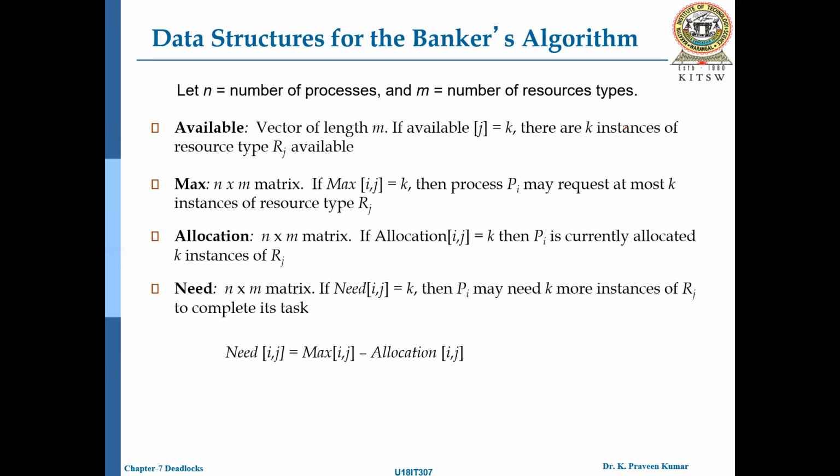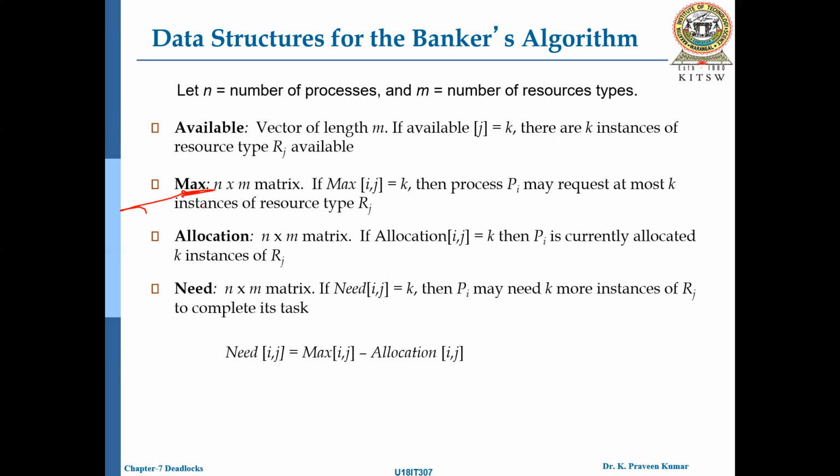Available is a vector of length m that indicates the number of available resources of each type. If Available[j] equals k, there are k instances of resource type Rj available. That is the available data structure. Next one is Max.